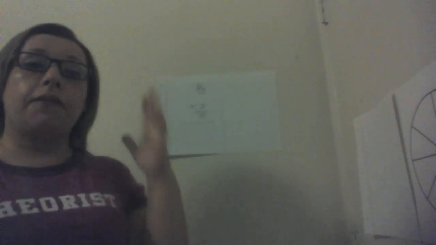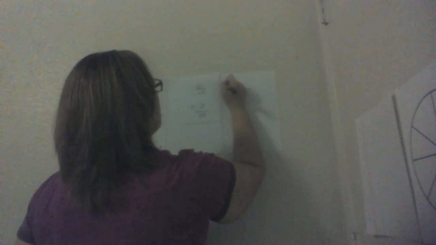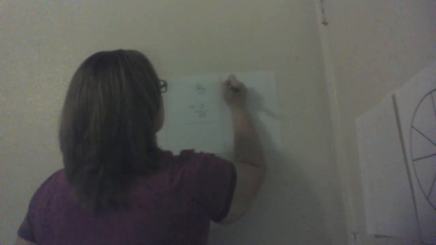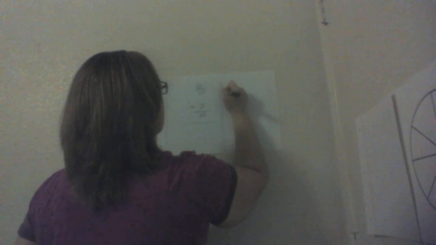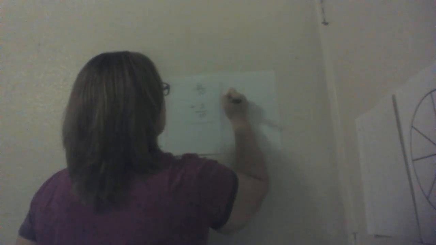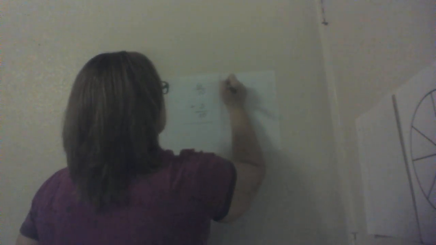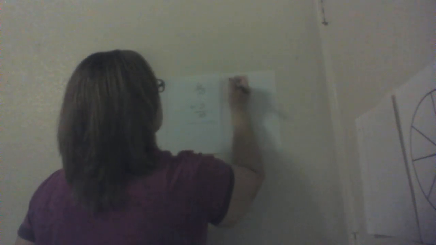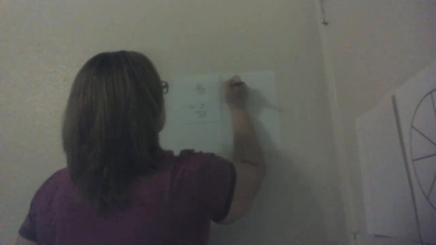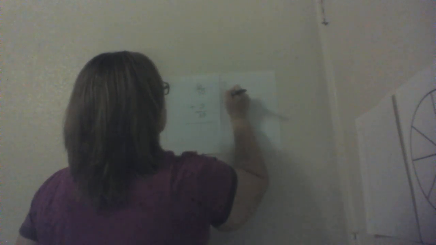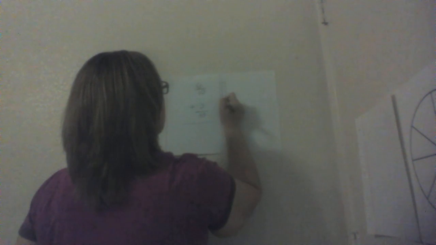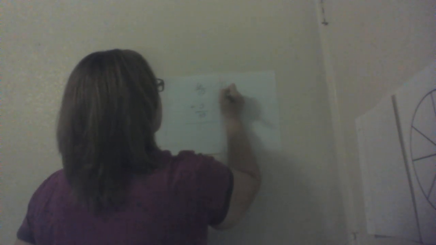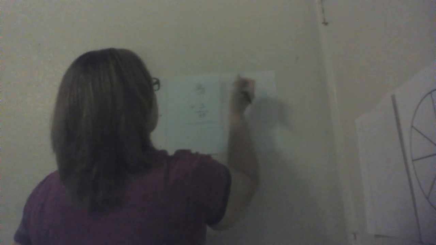So for us to be able to visualize the problem, this is what we're gonna do. We're gonna do a little rod on the side. 6, 7, 8, 9, 10. This is to illustrate our first problem, our 6/10. Right here.